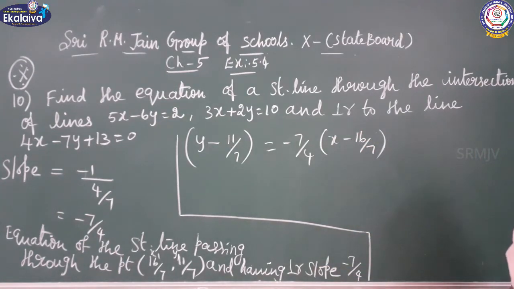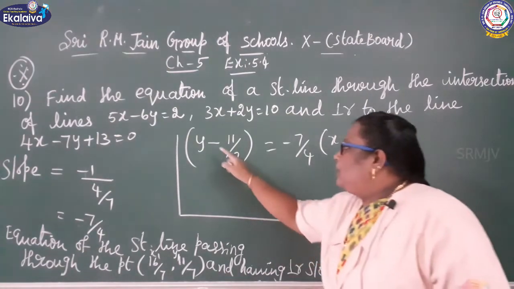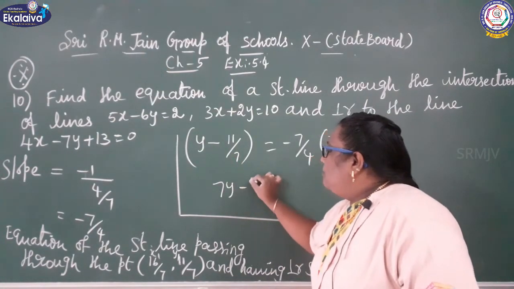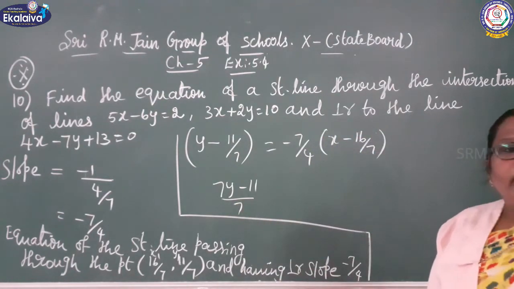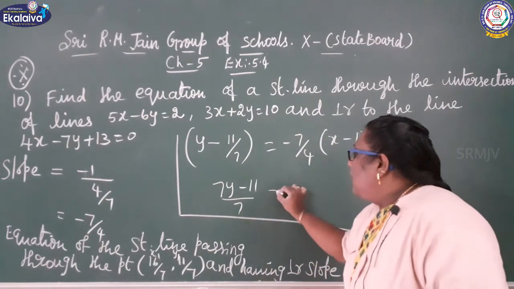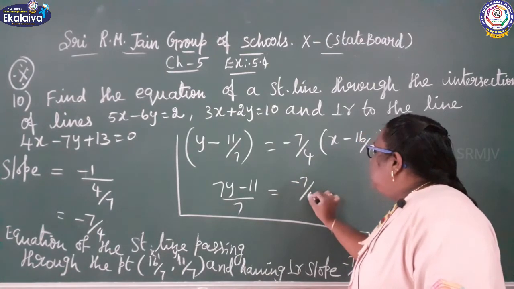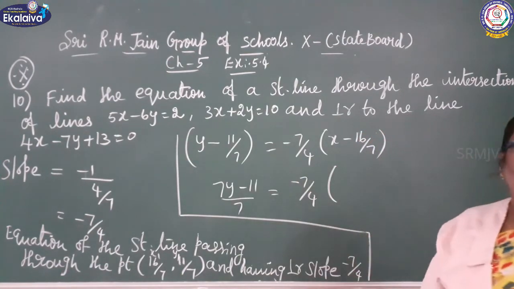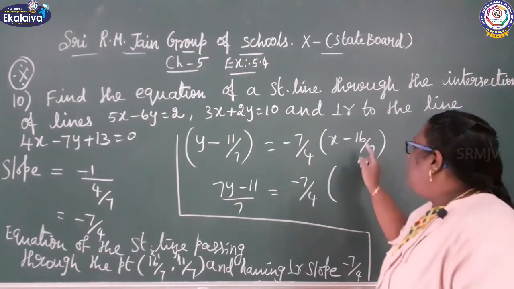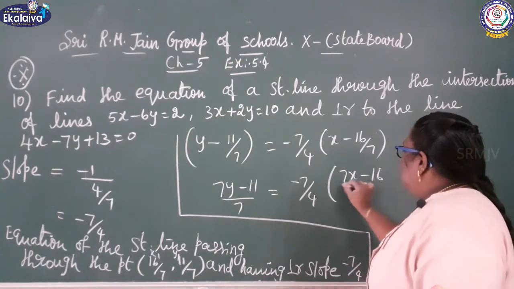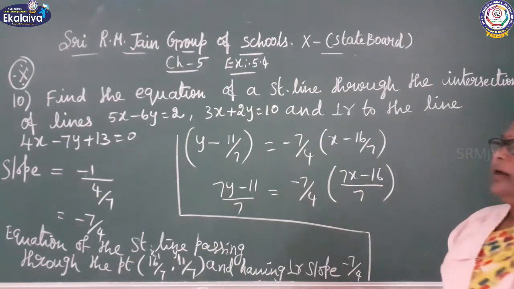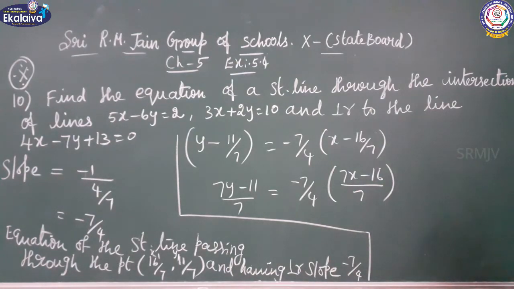So it gives y minus 11 by 7, you can take 7 as the LCM, equal to minus 7 by 4 into 7x minus 16 by 7.